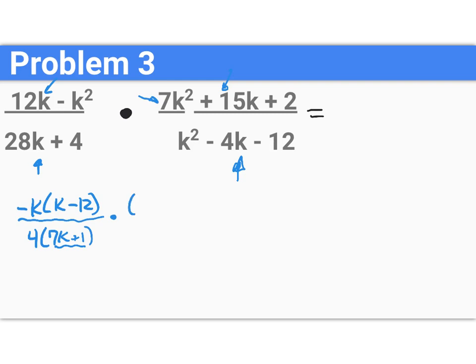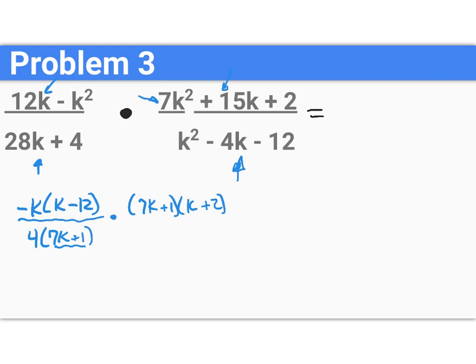Okay, so let me try 7K plus 1, and then K plus 2. All right, so the outers, 14K plus 1K make 15K. 7 times 2 is 14, 15K.